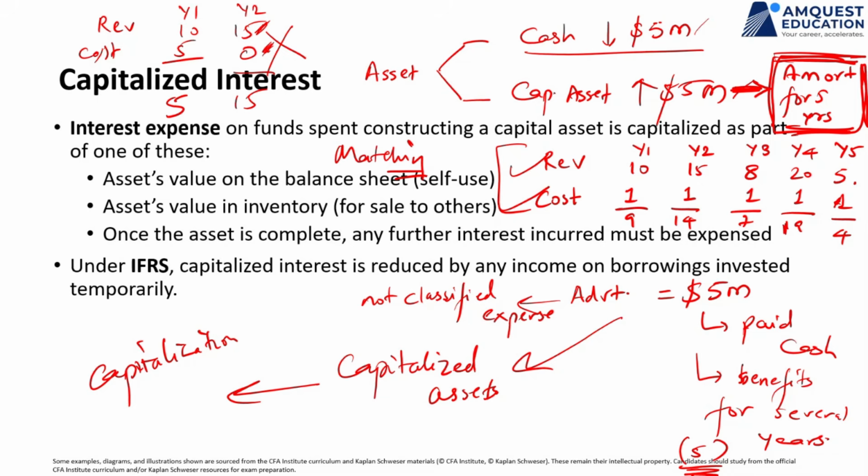So whenever there is an expense, you have two decisions to make. Do you want to expense it or do you want to capitalize it? The decision is, if you think multi-year benefits, capitalize. If you think 1 year benefit or less than 1 year benefit, expense. Like eating a burger at McDonald's is a less than 1 year benefit, it is an expense.